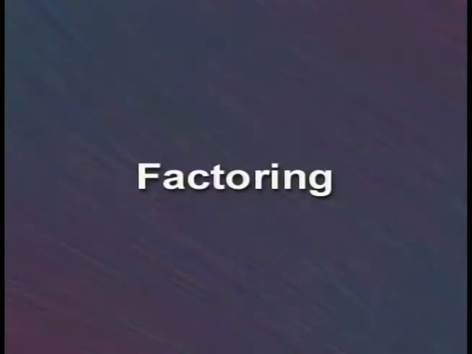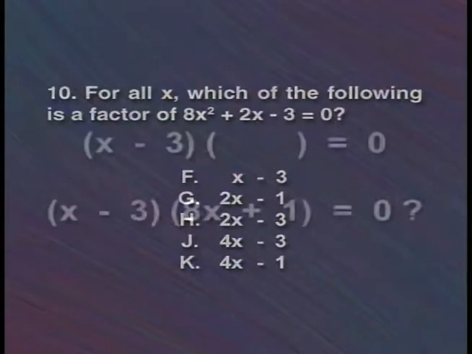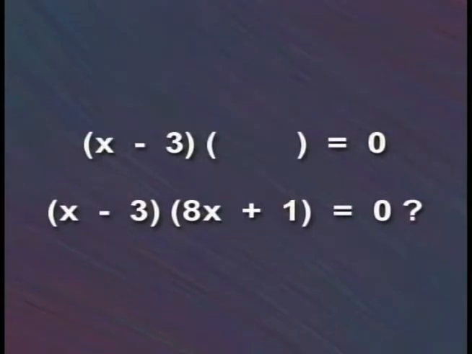Problem 10. For all x, which of the following is a factor of 8x squared plus 2x minus 3 equals 0? Once again, we need to factor this equation. This time, let's use the answer options to help us factor.